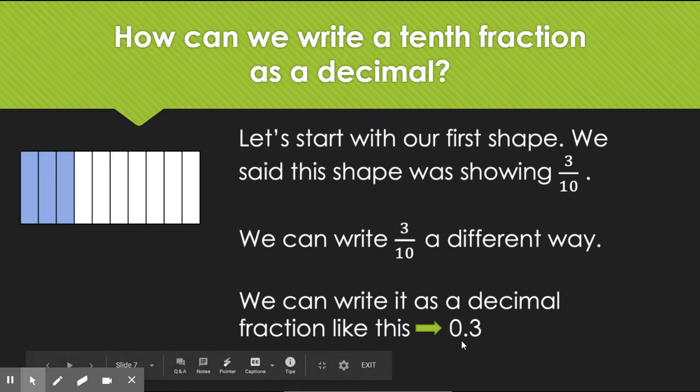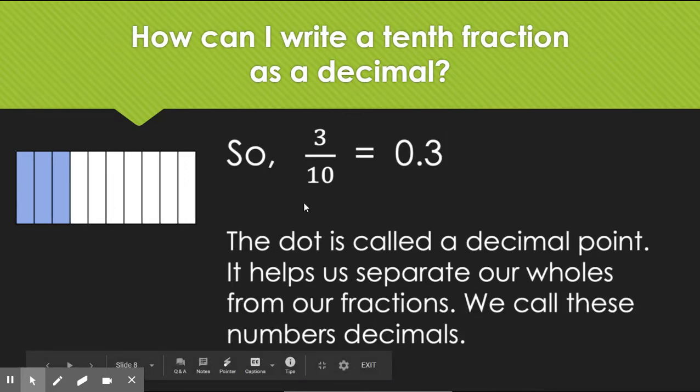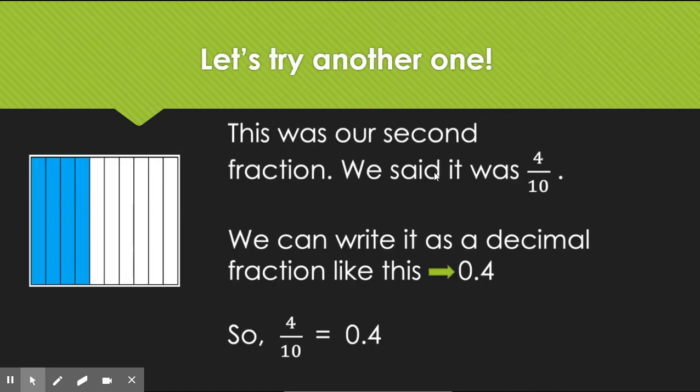This is the way that we write it as a decimal: 0.3. So 3 tenths written as a fraction is the same as 3 tenths written as a decimal. This dot right here is called the decimal point. It's what separates the whole numbers from our fractions or decimals.